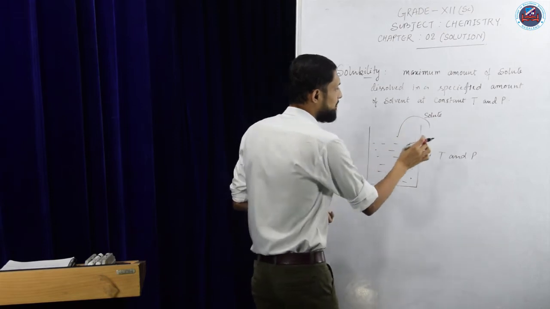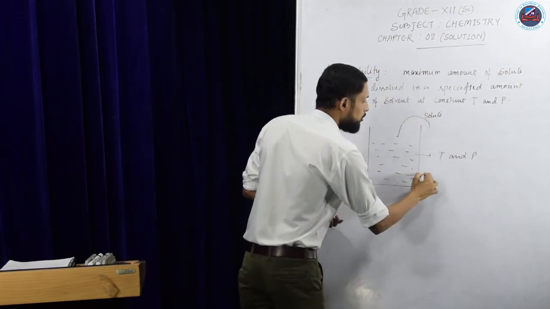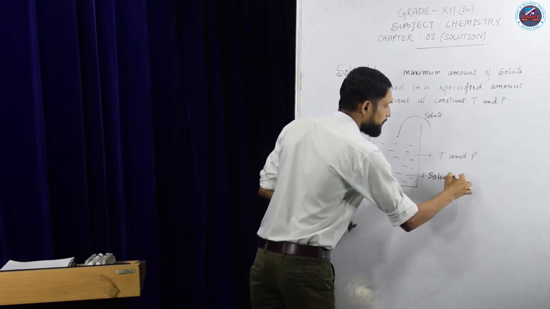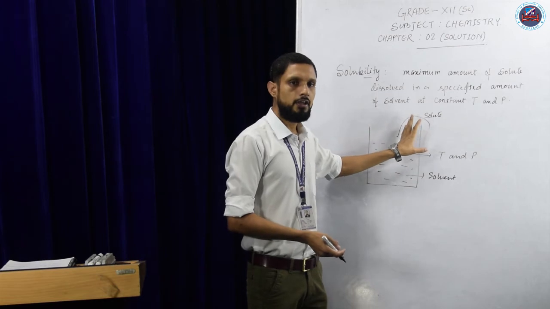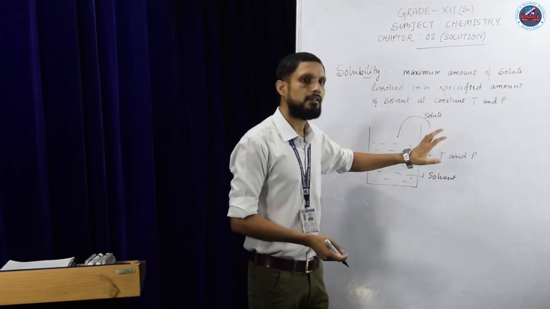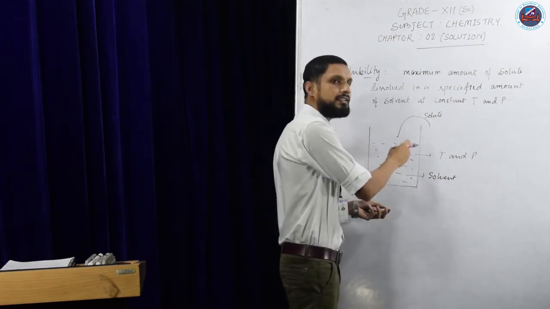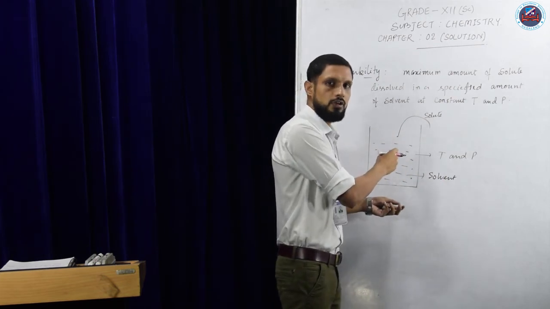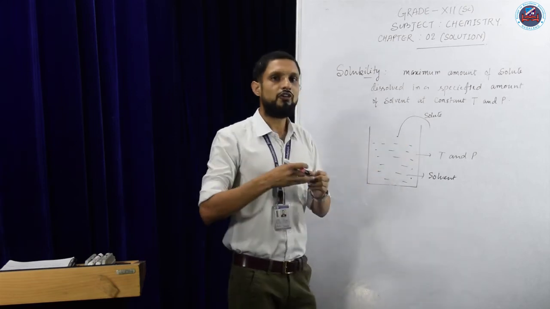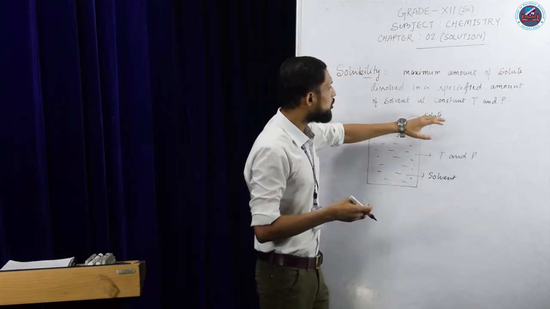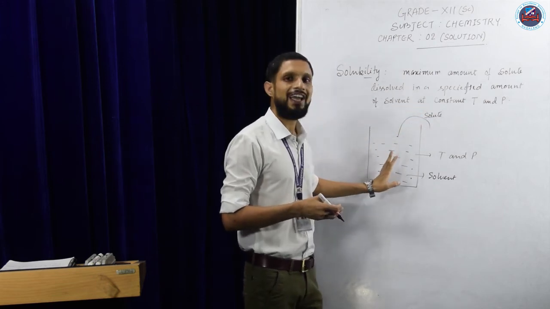Now if you keep the temperature and pressure constant, and if you add solute to solvent, initially the solubility will be high. That means the solute will easily get dissolved in solvent. But as the amount of solute increases in the solution, the solubility will decrease. Now you will reach a point where the solute will not be dissolved in the solution anymore.